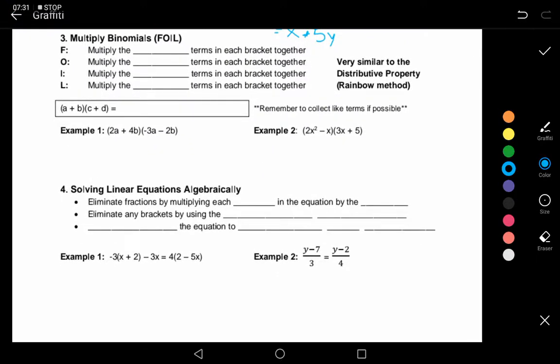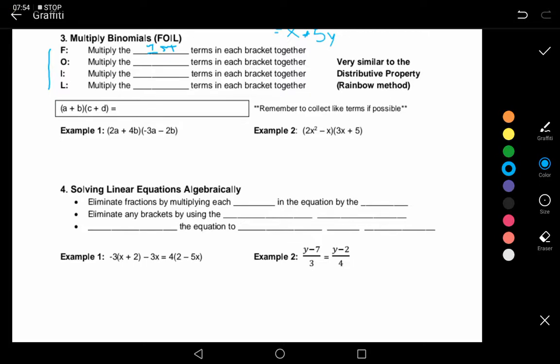Okay, well, you may have heard of this method called FOIL. As you can see, it's an acronym. We have it down the side here. So what we're going to do is start by multiplying the first terms in each bracket together.